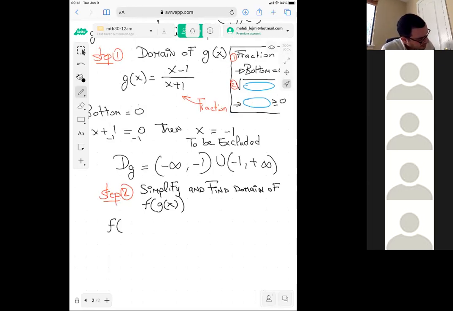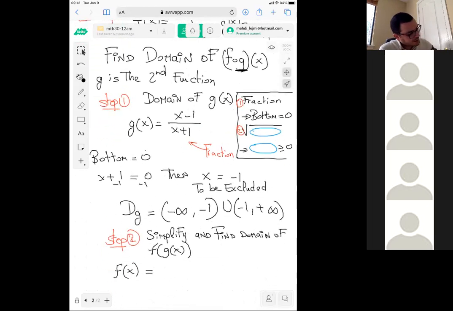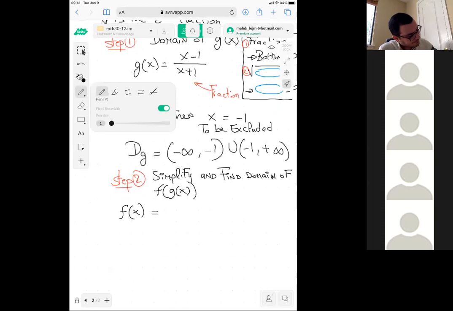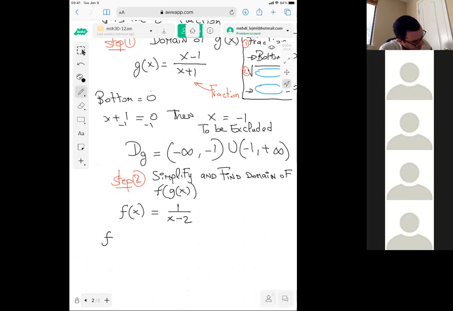My f of x, we said, is 1 over x minus 2. Now I have to compute f of g of x. There's an x in the denominator of f, so f of g of x is going to be 1 over g of x minus 2.